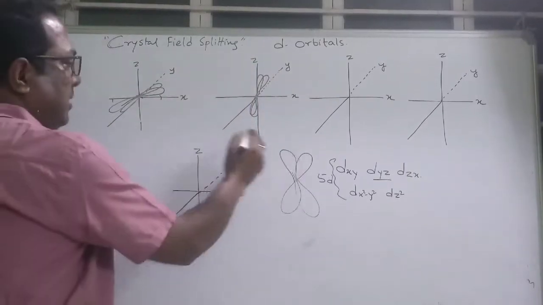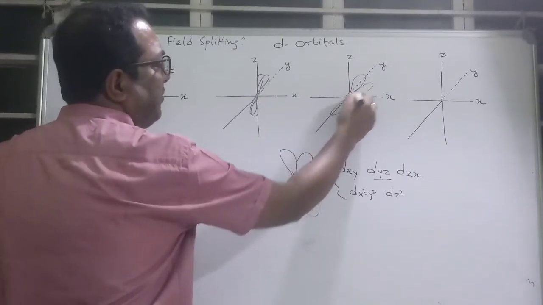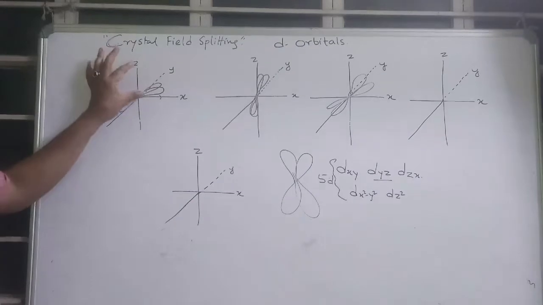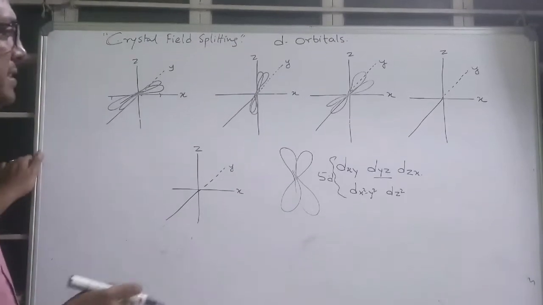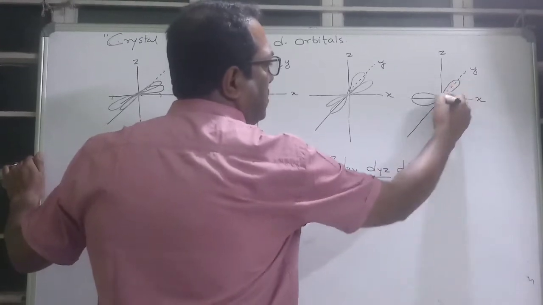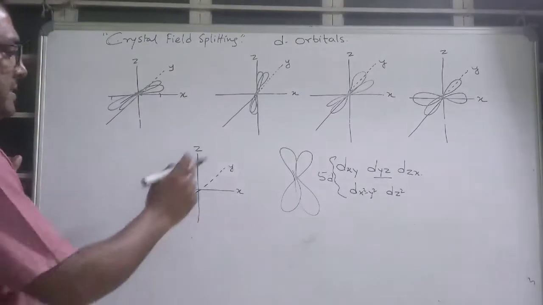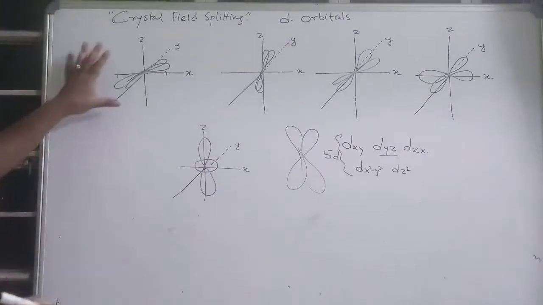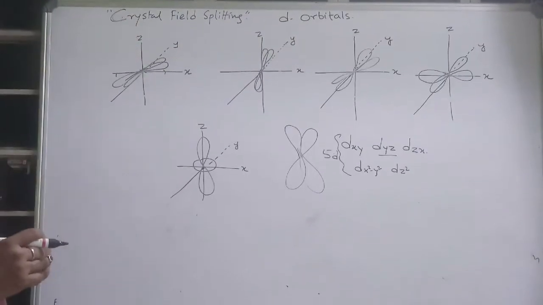For dzx, between z and x you have those two dumbbells, so they lie between the axes. When you go for dx square minus y square, it lies on the x and on the y axes, so they lie on the axes. And when you go for dz square, it will lie on the z axis itself. So these are the pictures that you have to learn while you go for crystal field splitting.